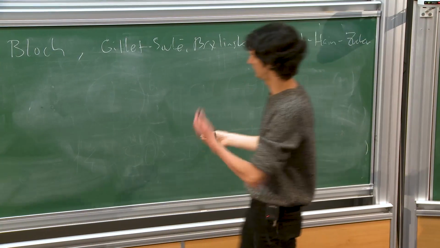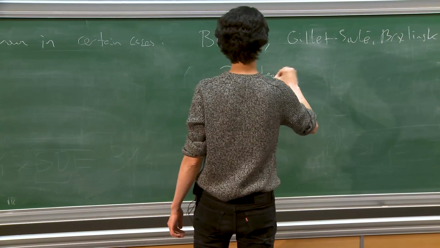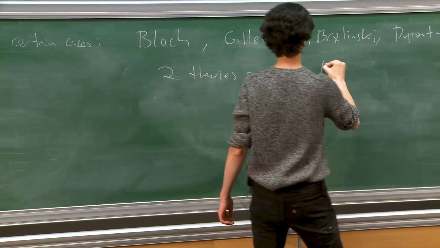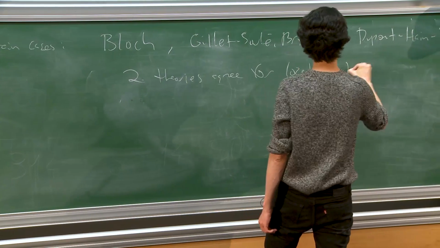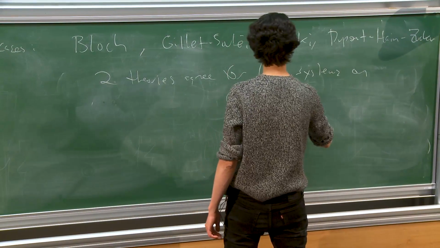And the upshot of this, as far as I can tell, is that the two theories agree for local systems on complex quasi-projective varieties.